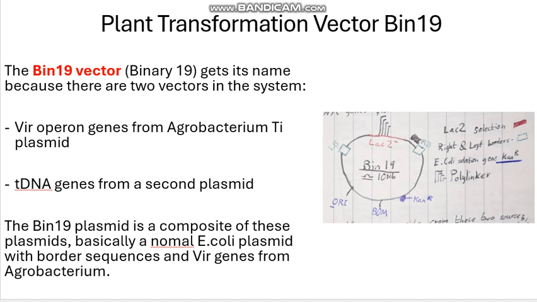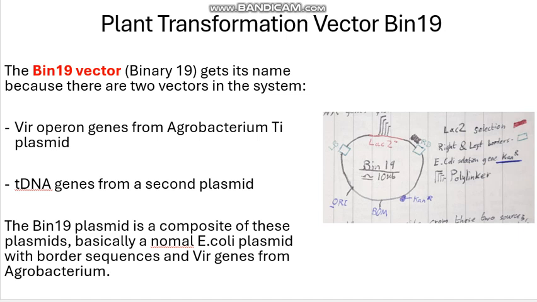We have the LacZ gene in between it, which we're going to explain in a moment. And we also have the CAN-R gene, which is going to be important later because it gives resistance to an antibiotic called kanamycin, which we need for separating infected plants from uninfected plants.